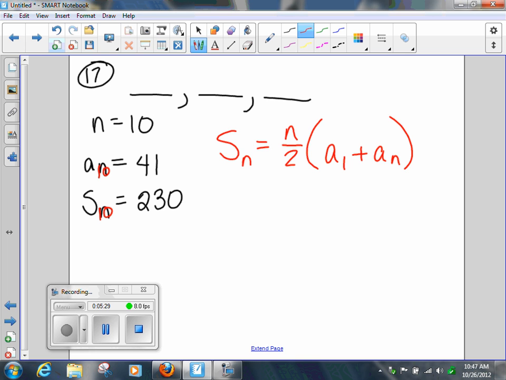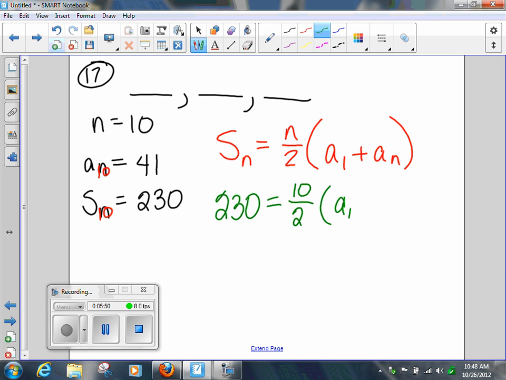Now I'm going to start filling in everything with the information I was given. So S sub 10 is 230. Substitute 10 for n. A sub 1, I don't know what it is, but I got to find it. That's part of my answer.